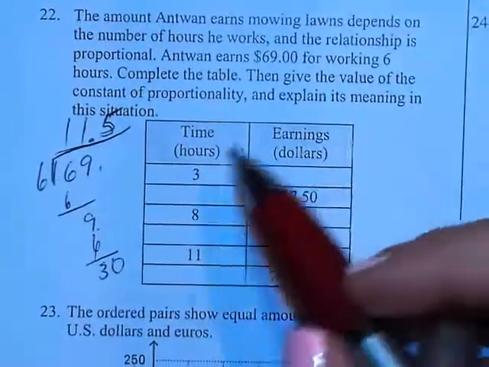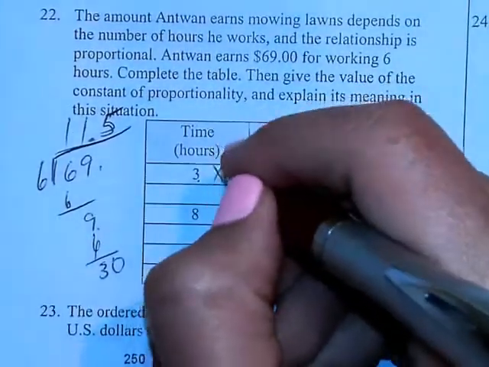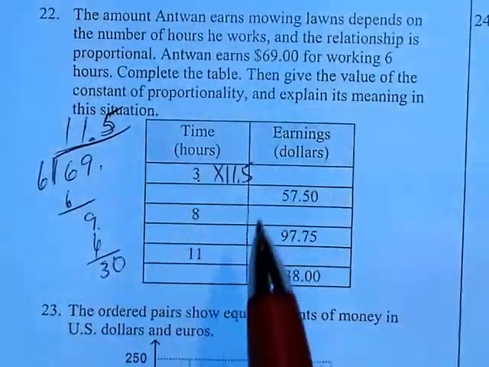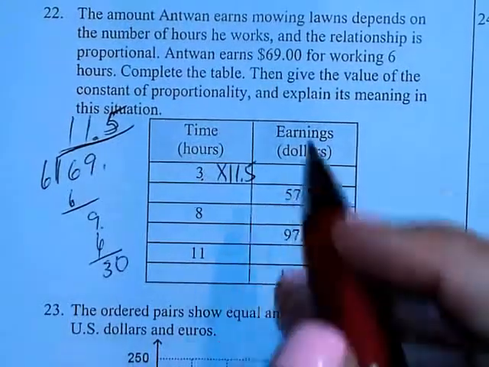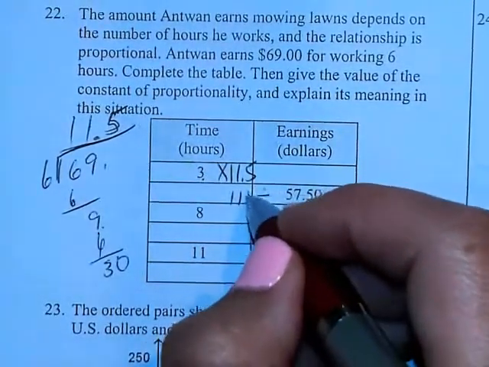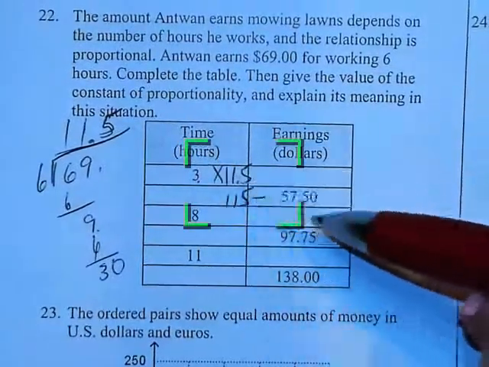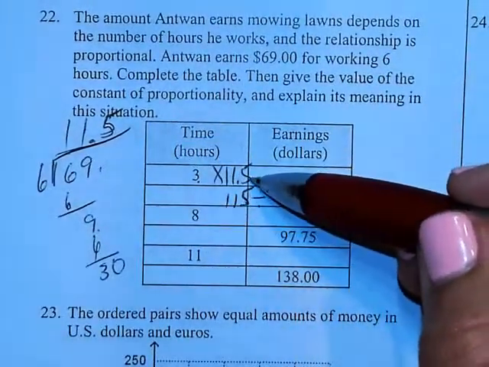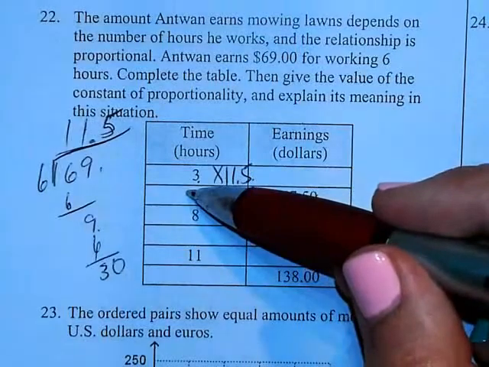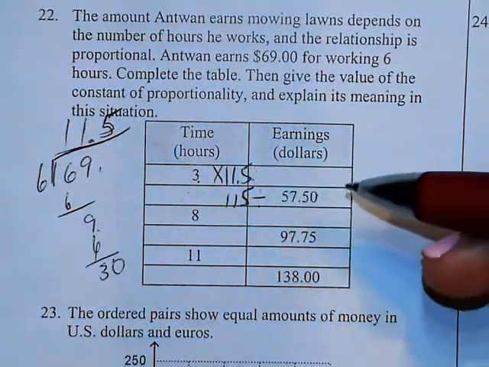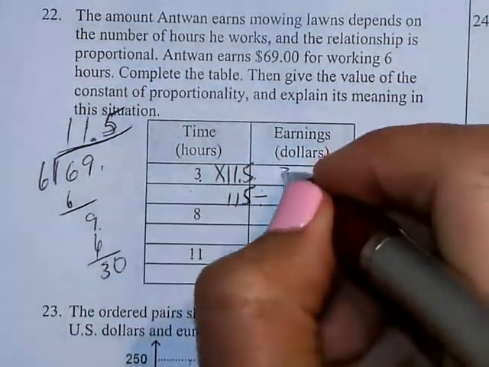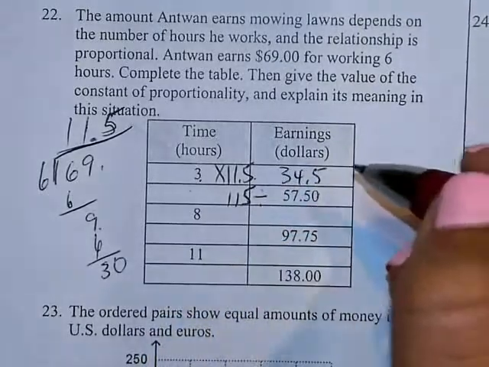So what you want to do now is multiply by 11.50, or from here to here, divide by 11.50. Okay? So 3 times 11.50, half of 3 is 1.5, so it should be 34.5.